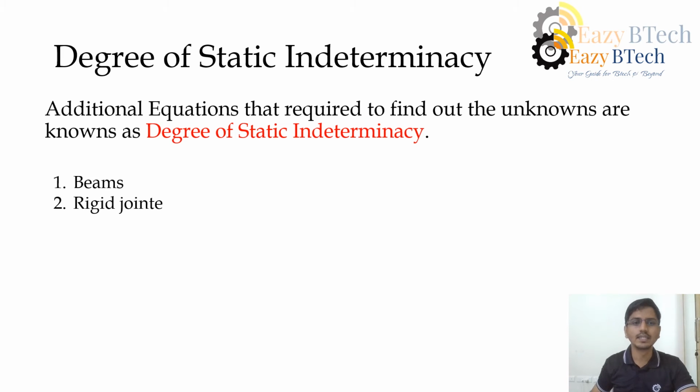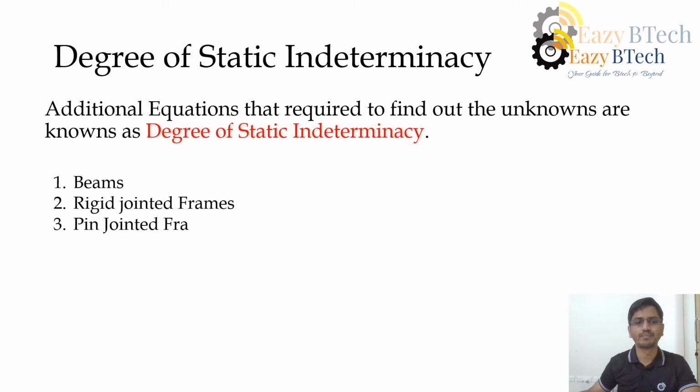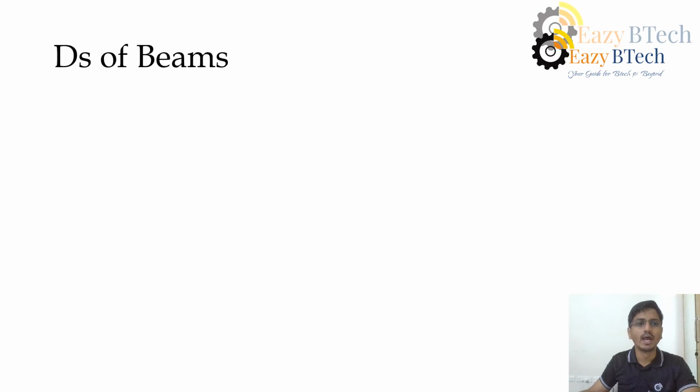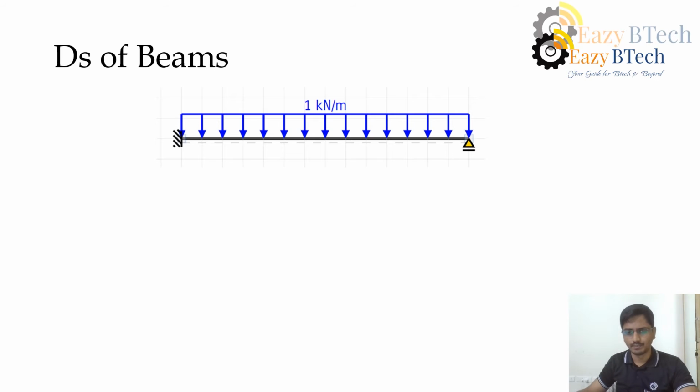Now let us see the different problems on beams, rigid jointed frames, and pin jointed frames. Let us take an example. This is a beam. One end is fixed, one end is roller. This type of beam is known as a propped cantilever.